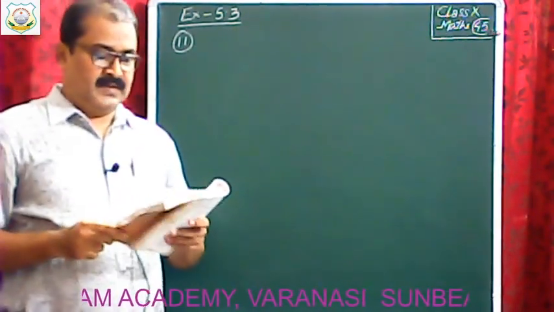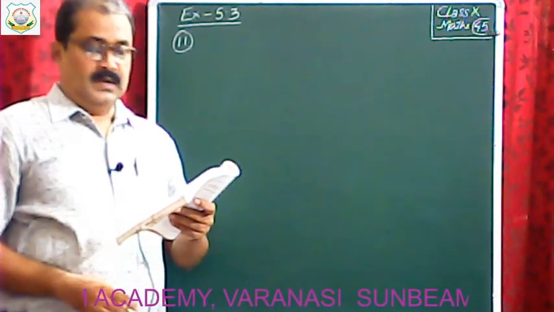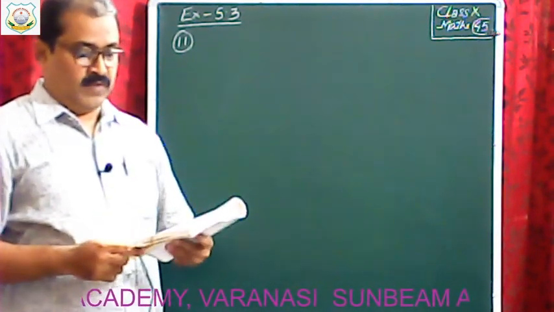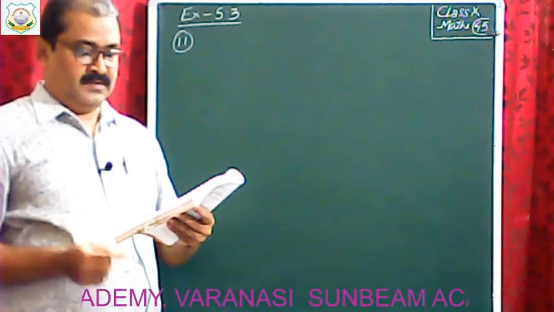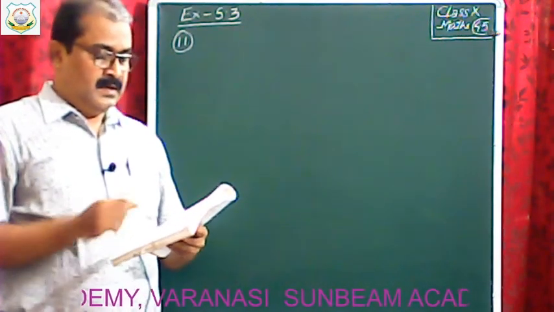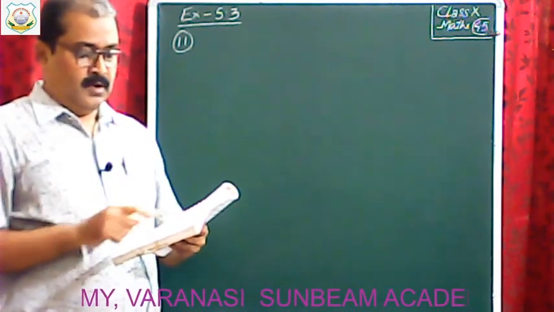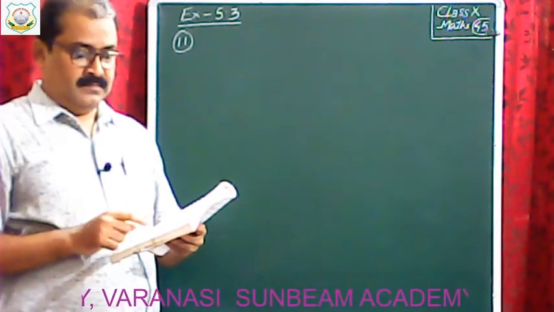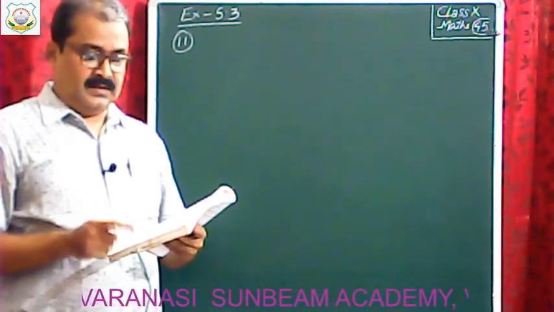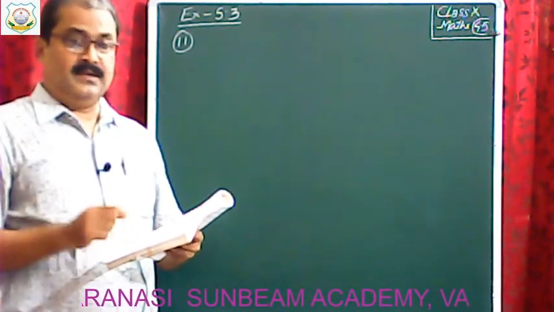If the sum of first n terms of an AP is 4n minus n square, what is the first term? What is the sum of first two terms? What is the second term? Similarly, you have to find the third term, 10th term and nth term.